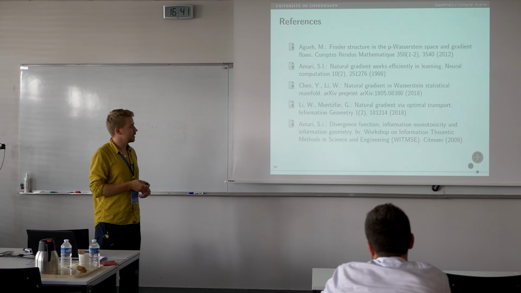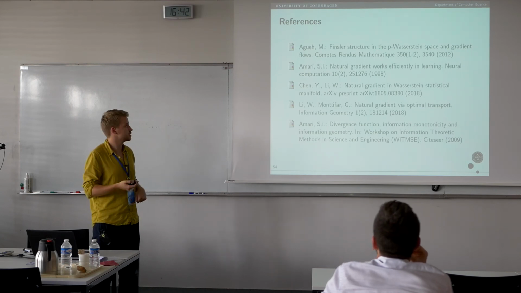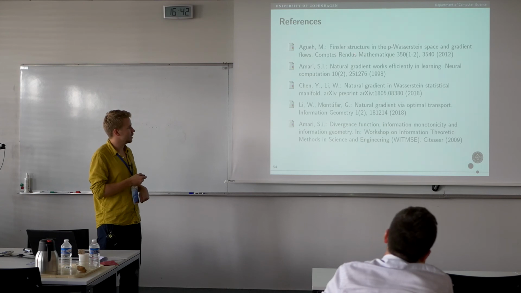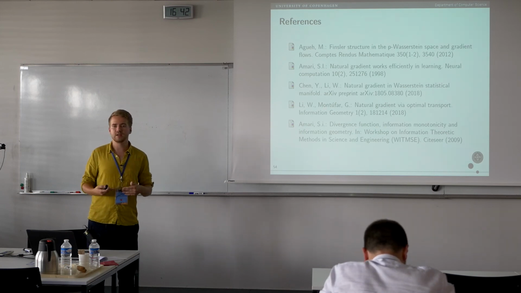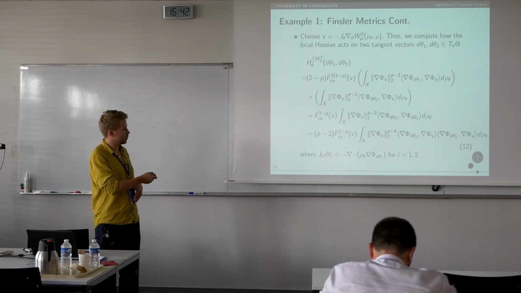Yeah. And then here are just some references: the paper from Ambrosio and Gigli, where they show that the p-Wasserstein metric is induced by a Finslerian structure, Amari's paper on natural gradients, and then there are two papers by Yifan Chen and Wuchen Li, also from Wuchen Li and Guido Montufar, on the Wasserstein natural gradient, which we got here when we just make p equal 2.